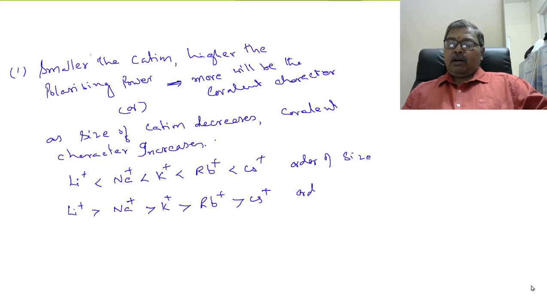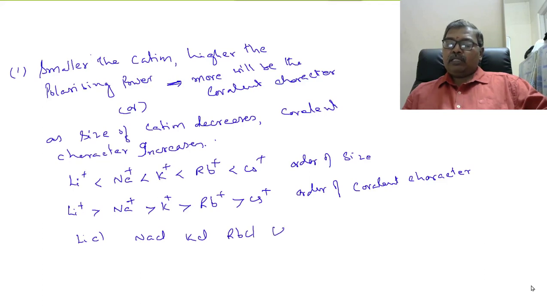This is the order of covalent character. So: LiCl lithium chloride, NaCl sodium chloride, KCl potassium chloride, RbCl rubidium chloride, CsCl cesium chloride.